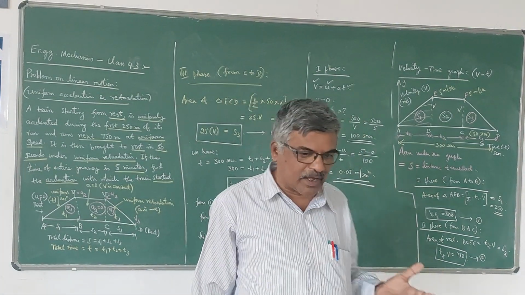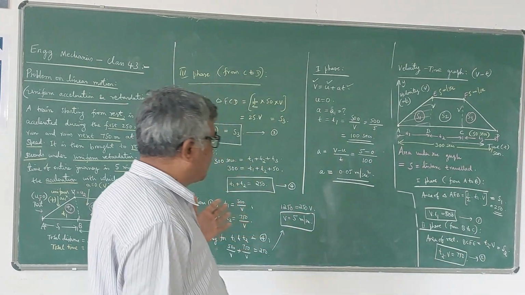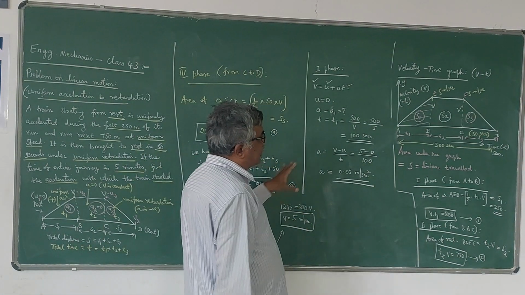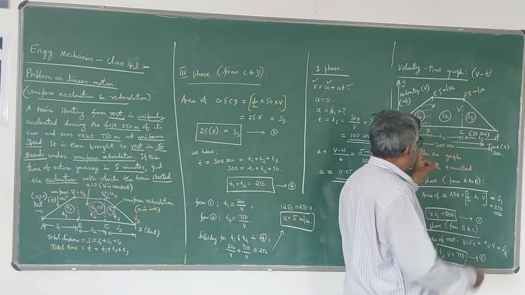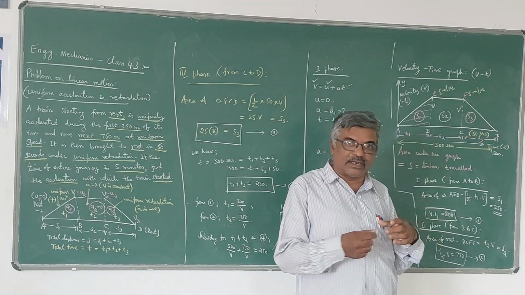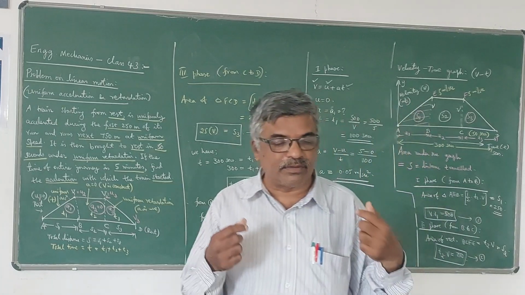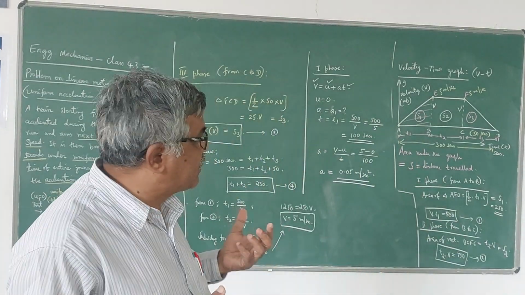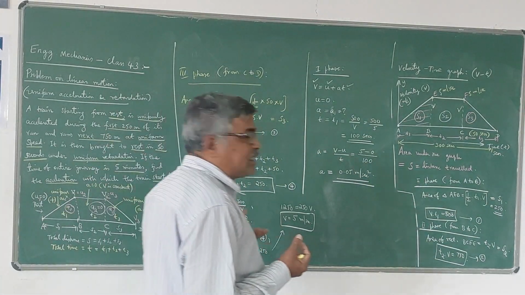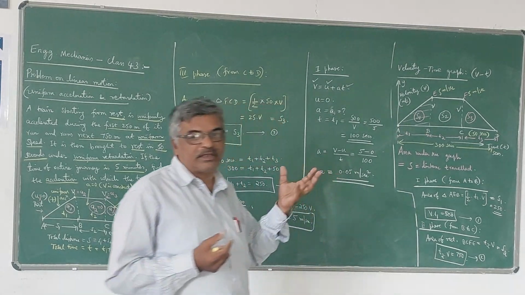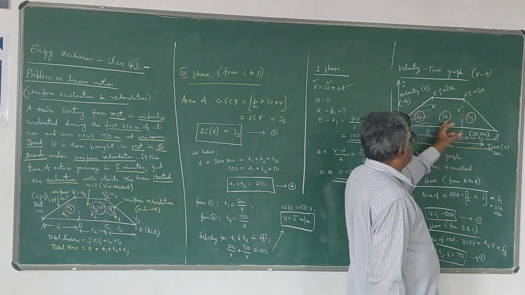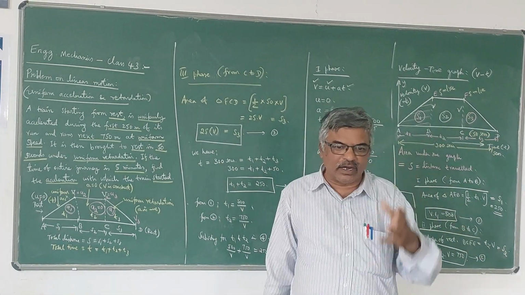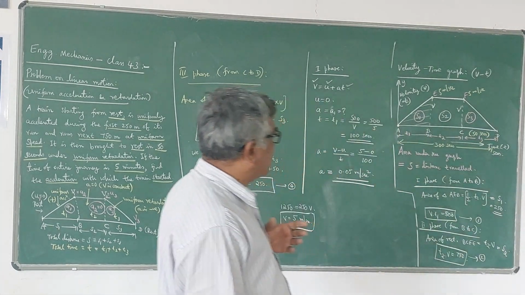Using that concept, you can always find out the unknown thing. So here, of course, in this problem, time is given. In some of the problems, distance will be given. So total distance traveled will be given, or distance between 2 points will be given. That means S will be given. Once S is given, S1 plus S2 plus S3. That means if you add the areas of all these three, then you are going to get that total distance traveled between 2 points.